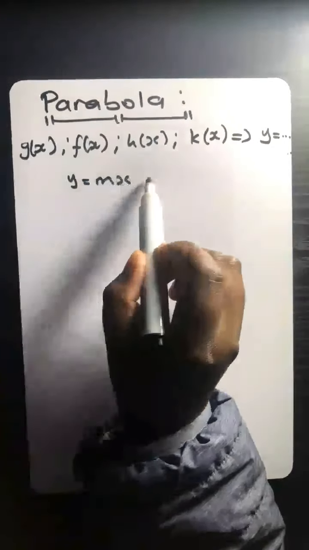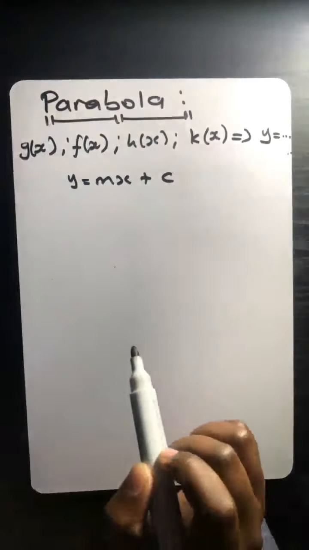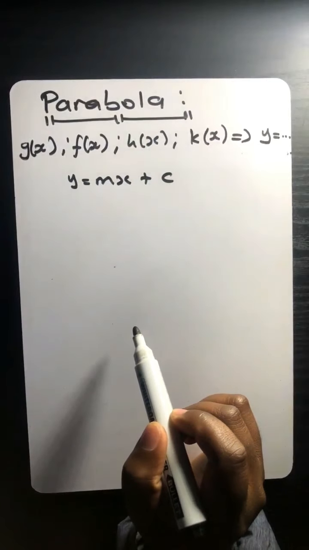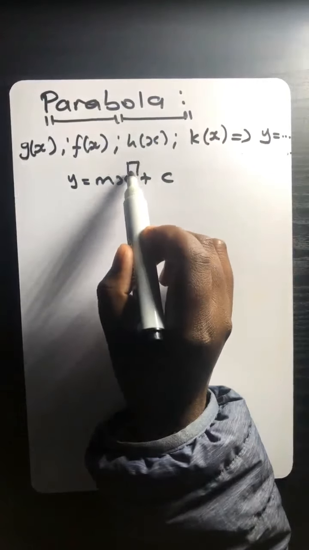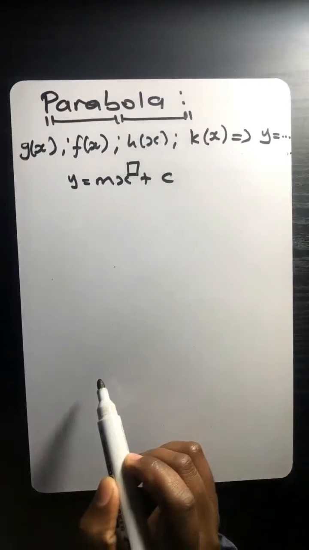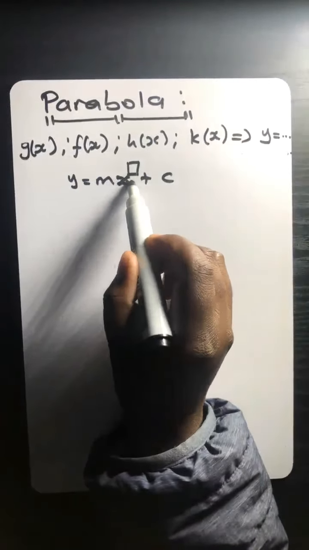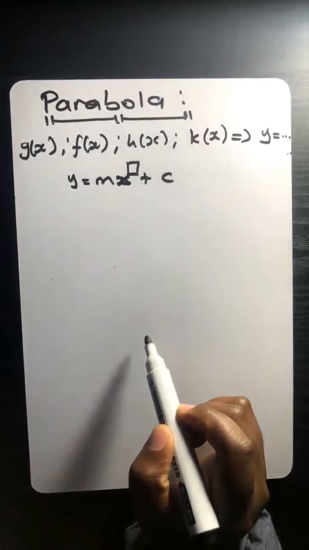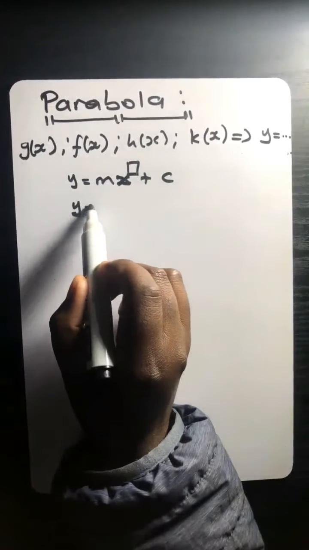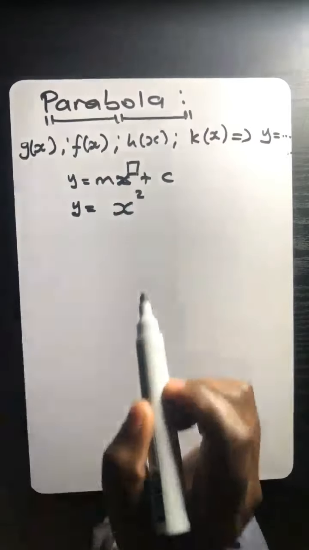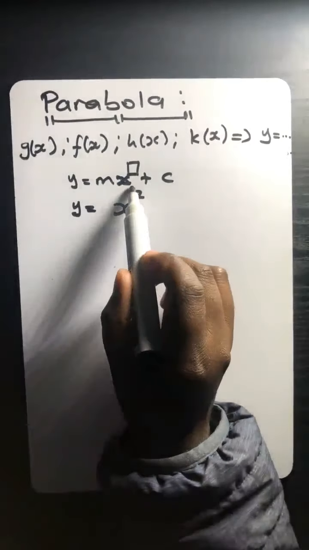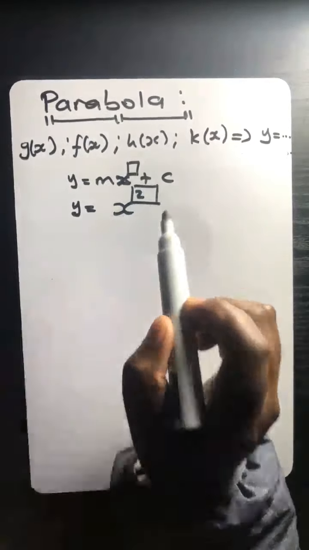Remember, we said a straight line is y equals mx plus c. How do you recognize a straight line? That's when you don't have any power there. So this is just x to the power of an invisible 1. But the moment you have maybe y equals whatever, and then you have x to the power 2, that makes it a parabola.